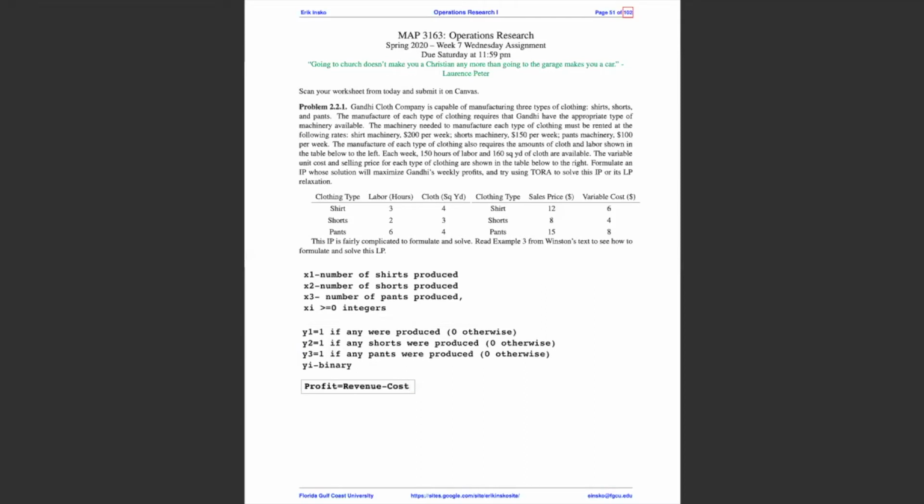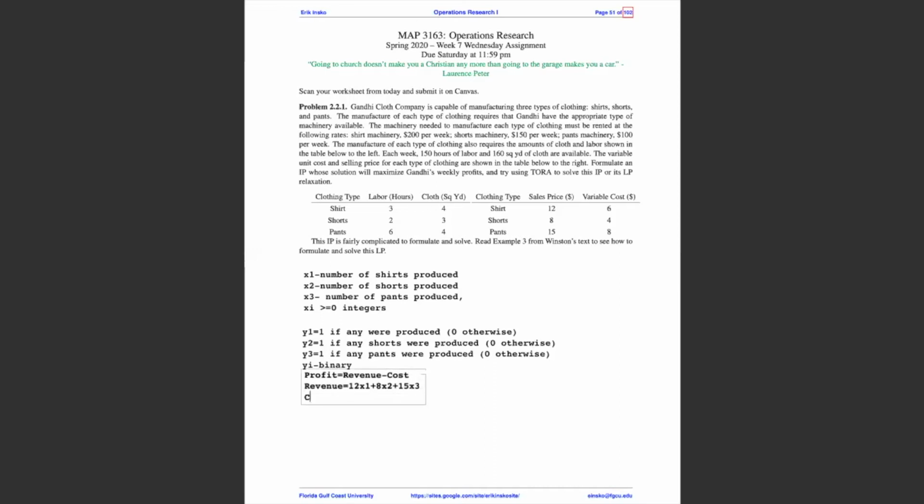So revenue is any money that we make. So if the sales price for the shirts is $12, $8 for the shorts, and $15 for the pants, if we multiply each of those numbers by the number of shirts, shorts, and pants produced, we'll have how much money we are making.